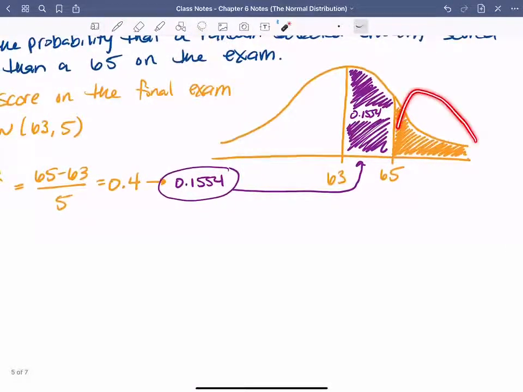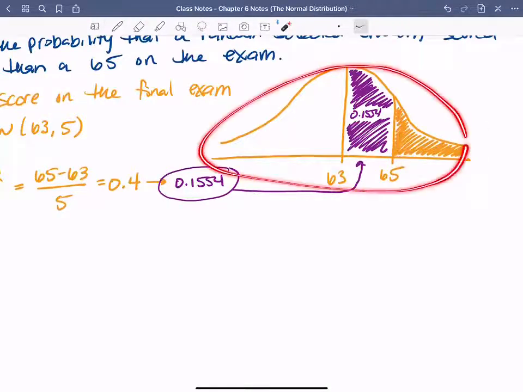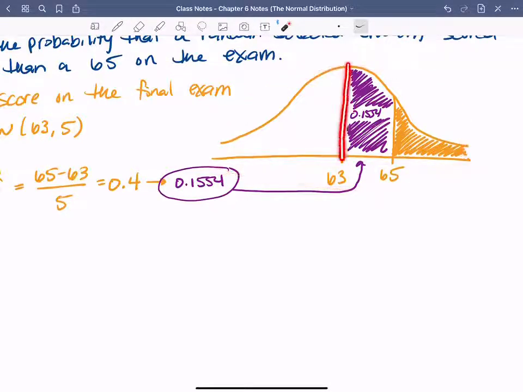We want this shaded. But let me explain something to you. If everything under this curve is 1, well, this is the mean. This splits the whole curve. So if the whole thing is 1, what's half of 1? It's 0.5, right? So everything from here over is 0.5 all the way.